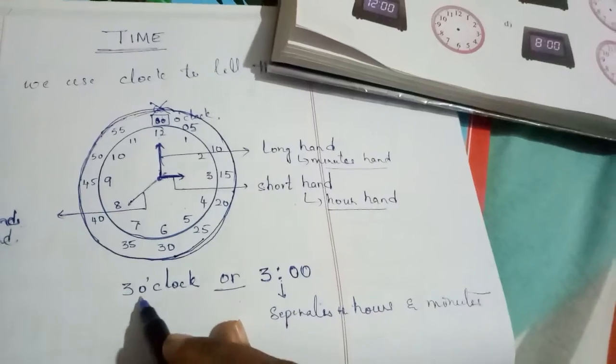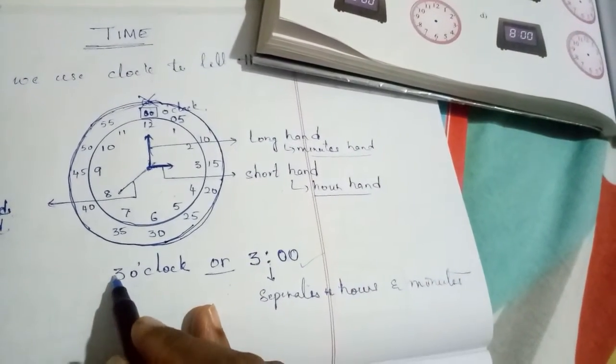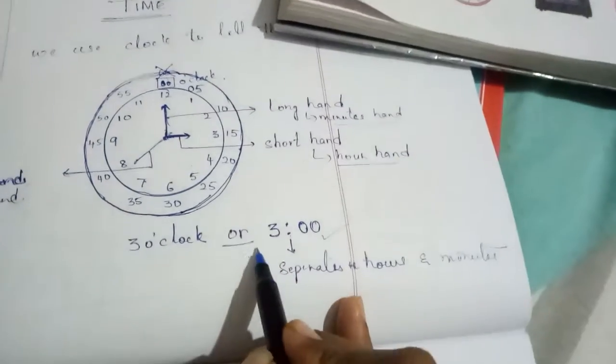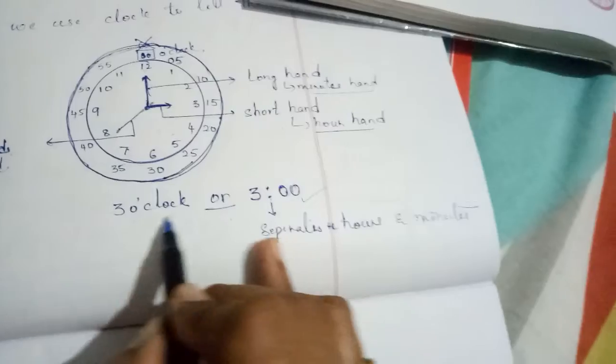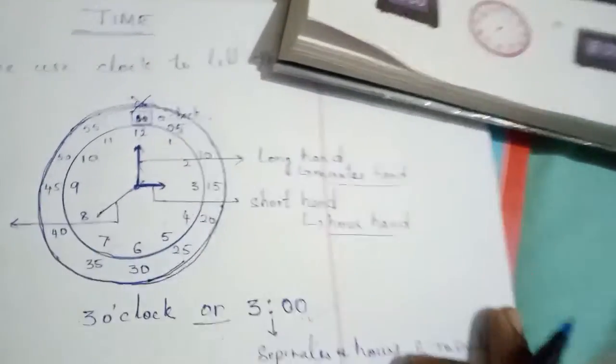This is one way of writing. While reading we read 3 o'clock, but while writing we can write either way, 3 o'clock or 3:00. Now you understood?